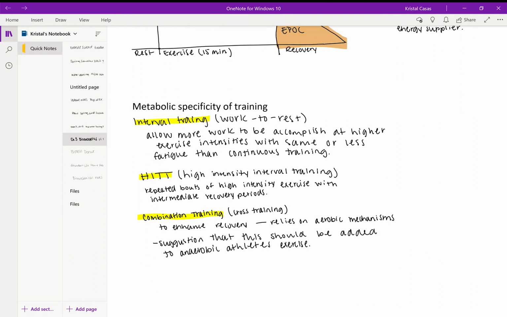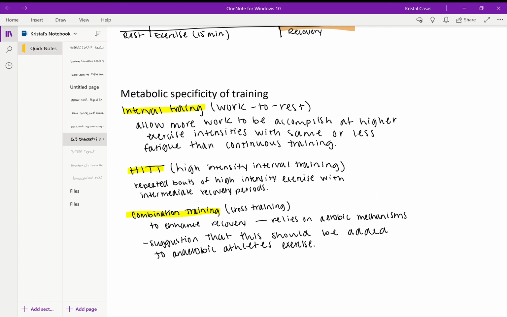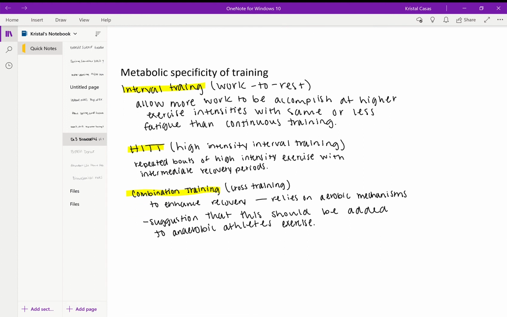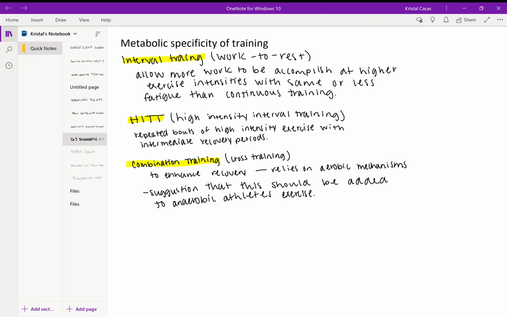And then lastly, there are 3 different types of training. There's interval training, which is work to rest, and this is to allow more work to be accomplished at a higher exercise intensity with the same or less fatigue than continuous training. Then we have HIIT, high intensity interval training.